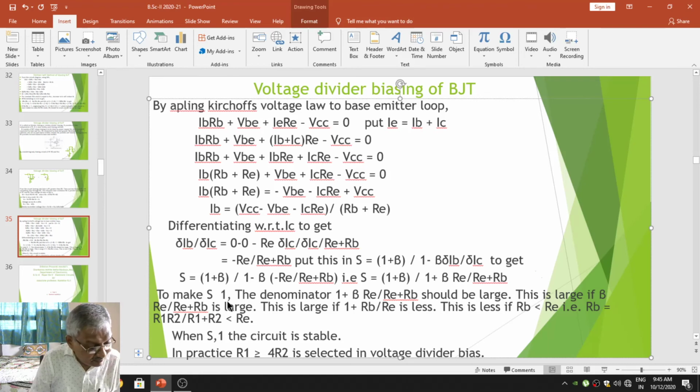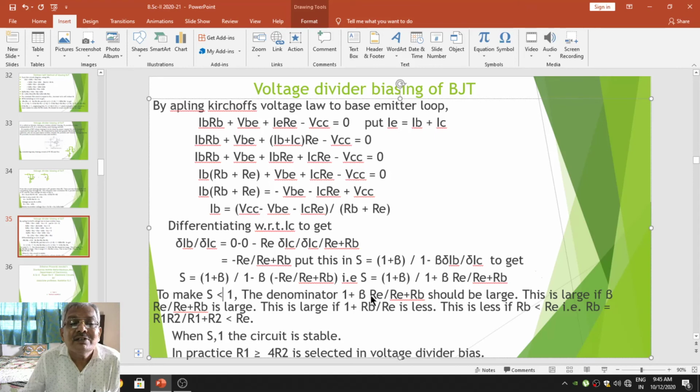To make the stability factor less than 1, the denominator 1 plus beta into RE upon RE plus RB should be large. This is large if 1 plus RB upon RE is less.